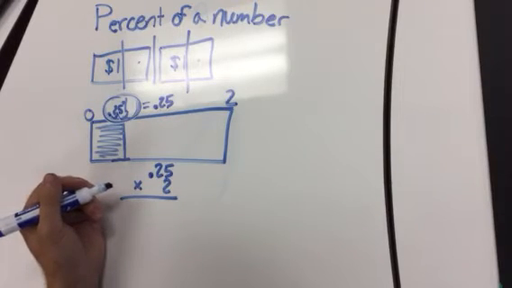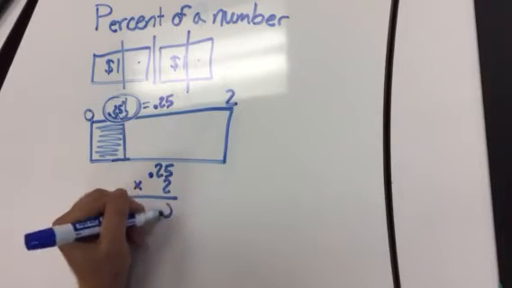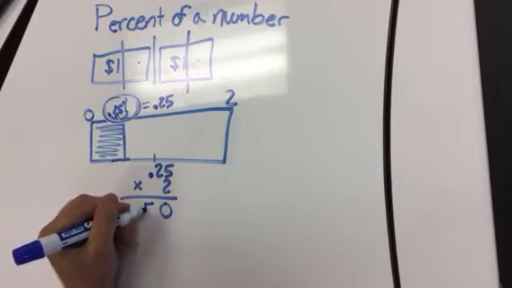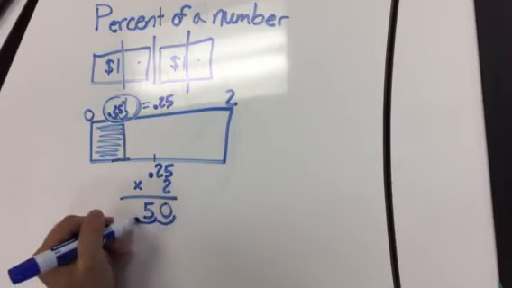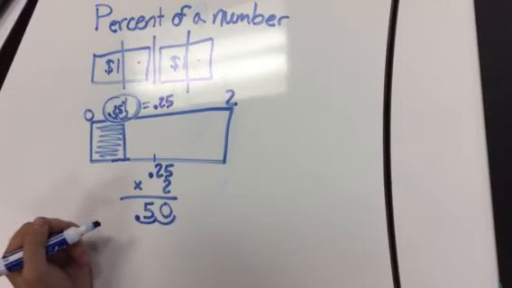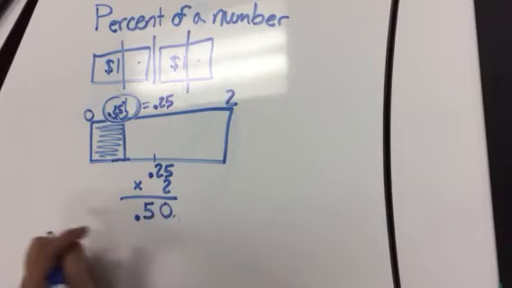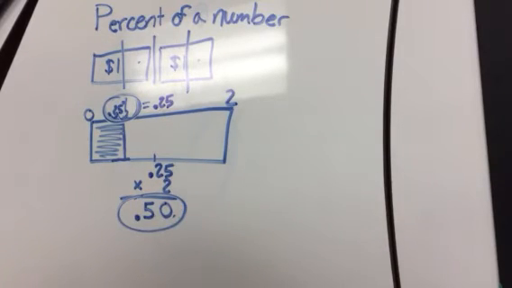And remember our decimal rules, we just multiply like normal. So we're doing 2 times 5 is 10, carry my 1, 2 times 2 is 4, plus 1 is 5. I have 2 numbers throughout in my decimal, so I move it over twice. My answer is 0.5, or 0.50 as my answer.